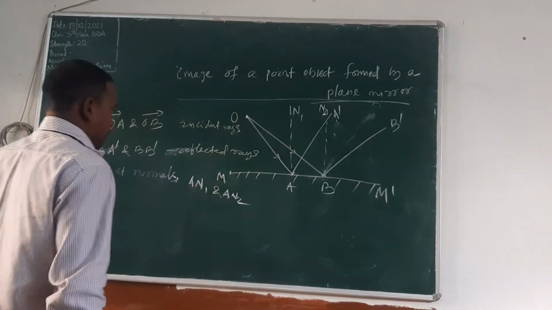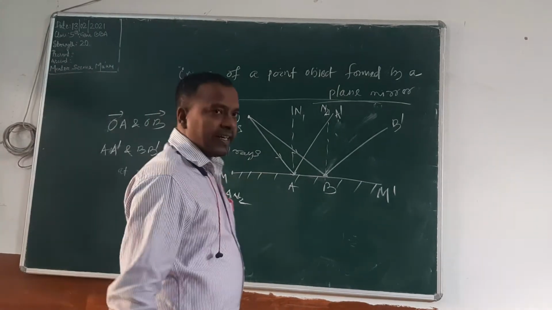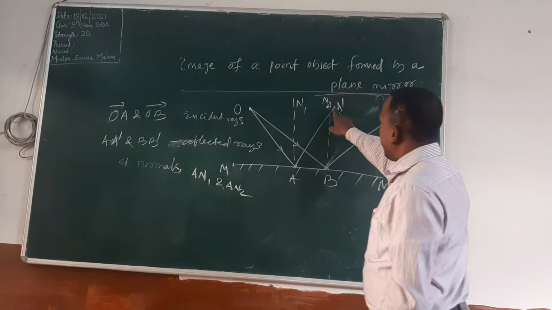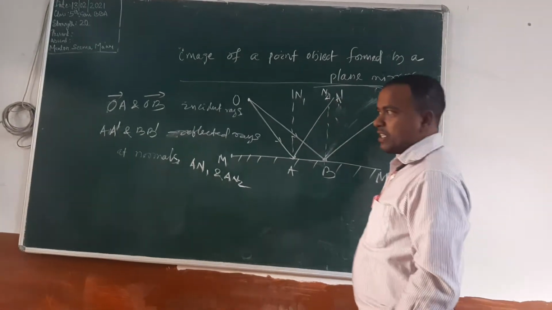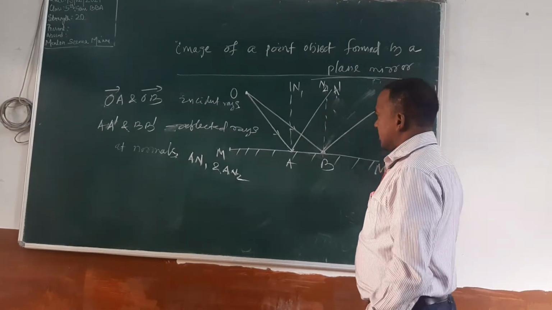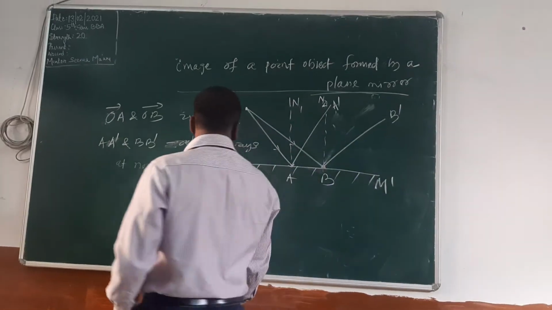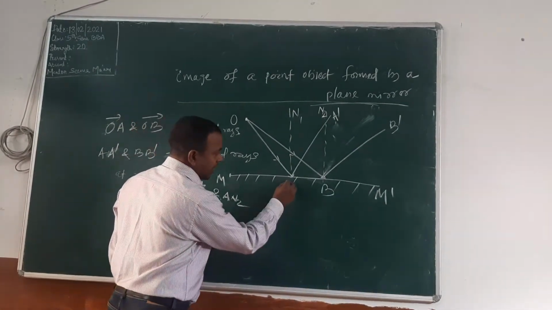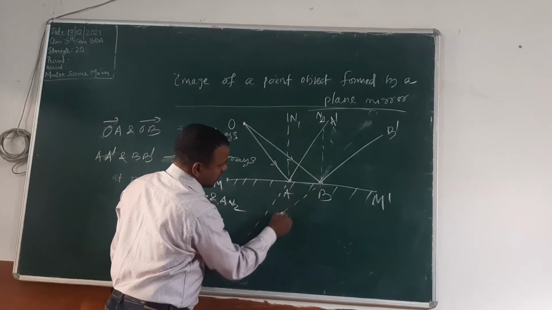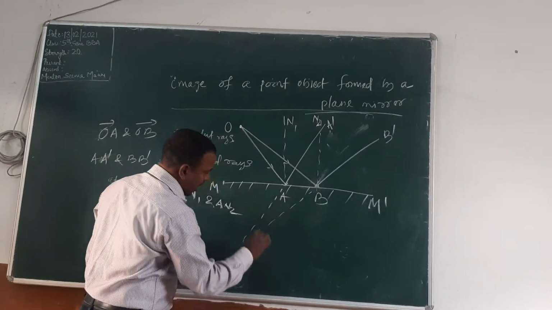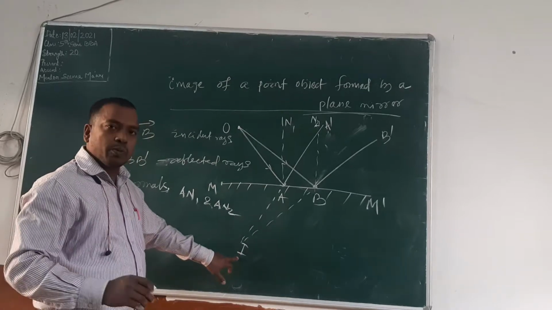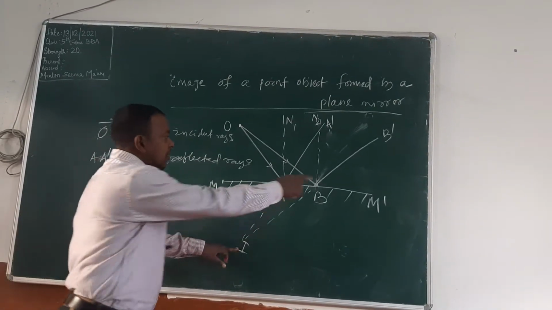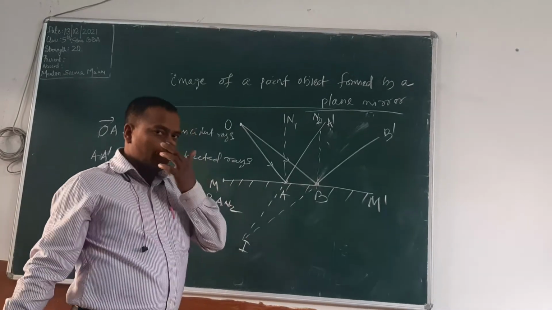Okay, so whenever seen between the points A dash and B dash, the image seems to come from a point I behind the mirror.